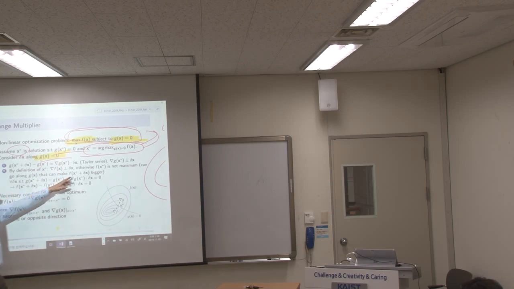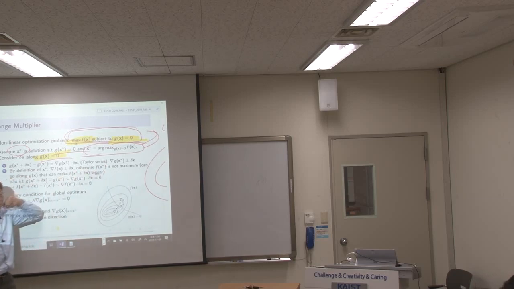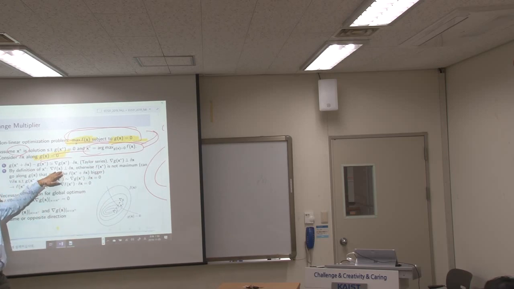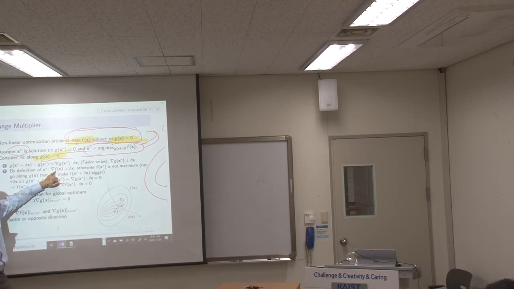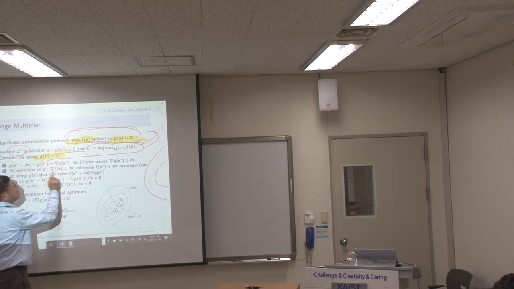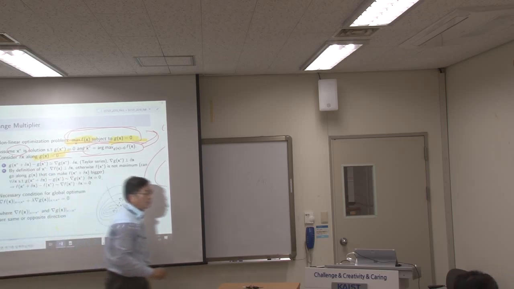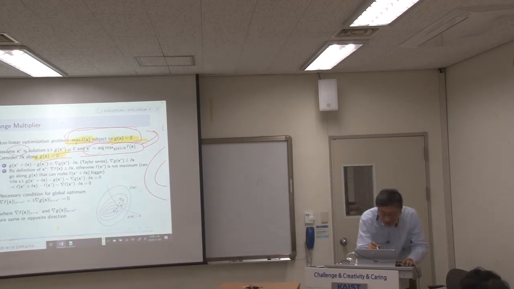And we know that f star is the maximum. If this is not true, that means we can move such that f(x) becomes bigger. This happens at x star, so this is evaluated at x star.